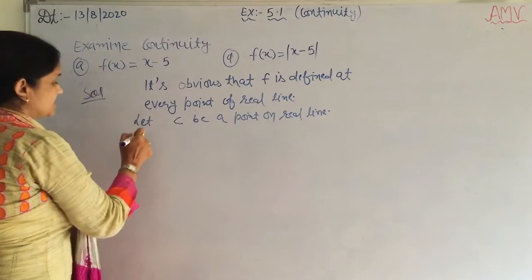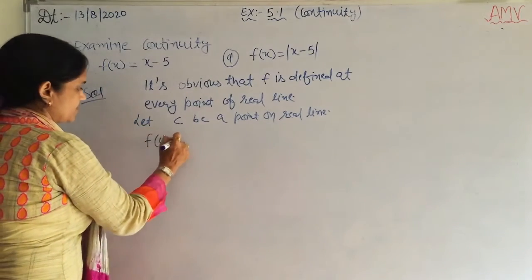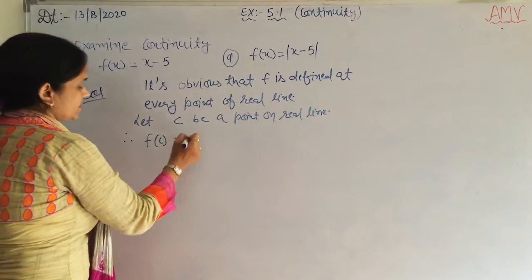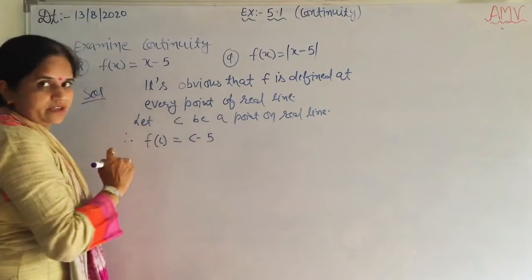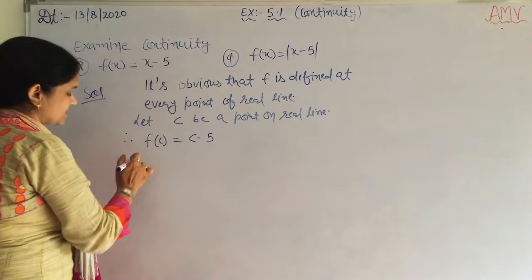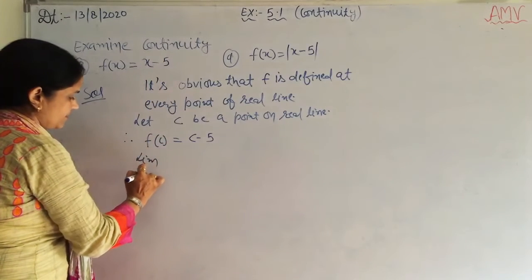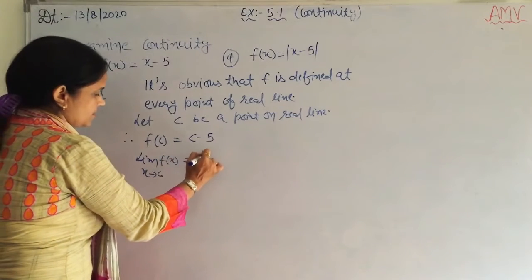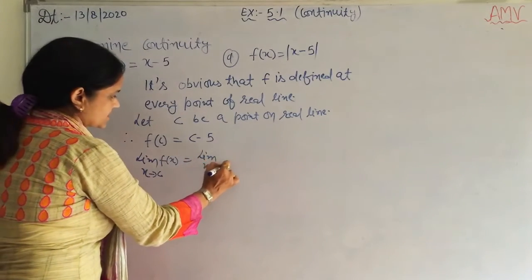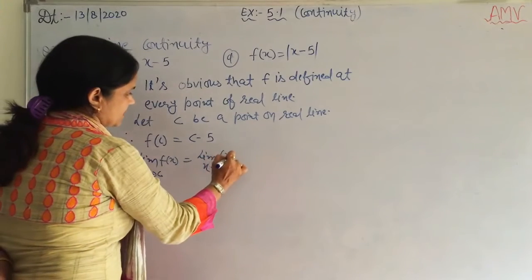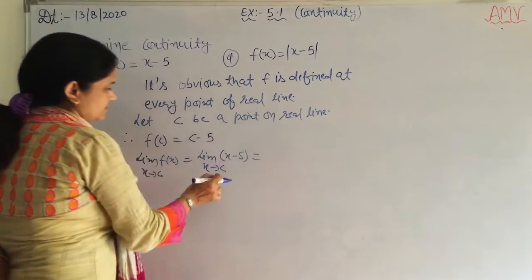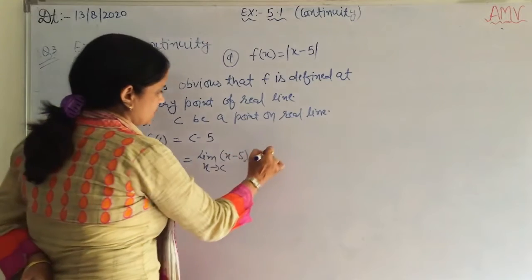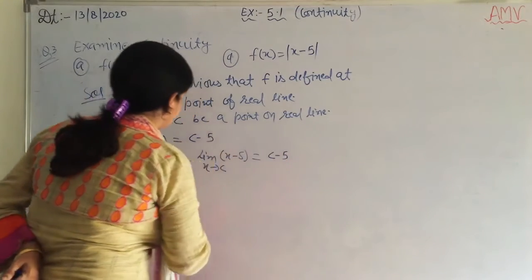Now it's simple. Find f(c). It is c minus 5. Write c in place of x. Now find the limit as x tends to c of f(x). So it is the limit as x tends to c of x minus 5. Substitute c in place of x, it is also c minus 5.